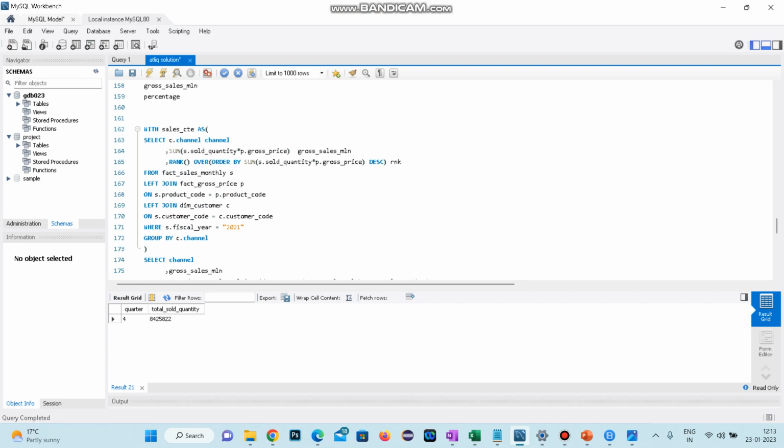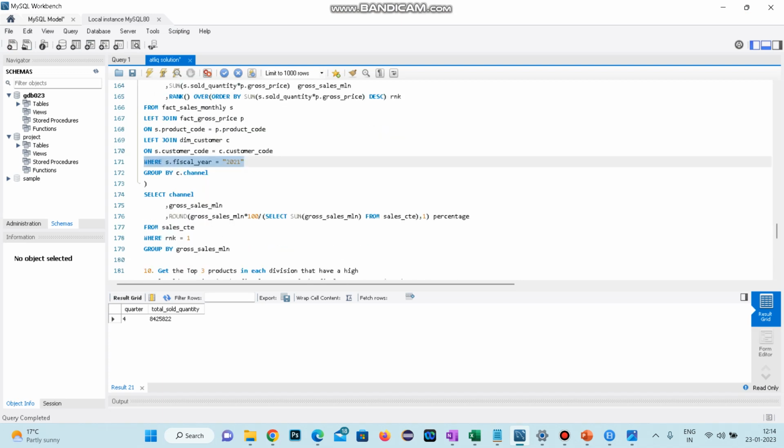We are joining three tables, that is fact sales monthly, gross price and dim customer, and we want year 2021, so we are filtering it in the where condition and then grouping them by channel so that for each channel we get the sum. After that we are querying to get the channel, gross sales and percentage.